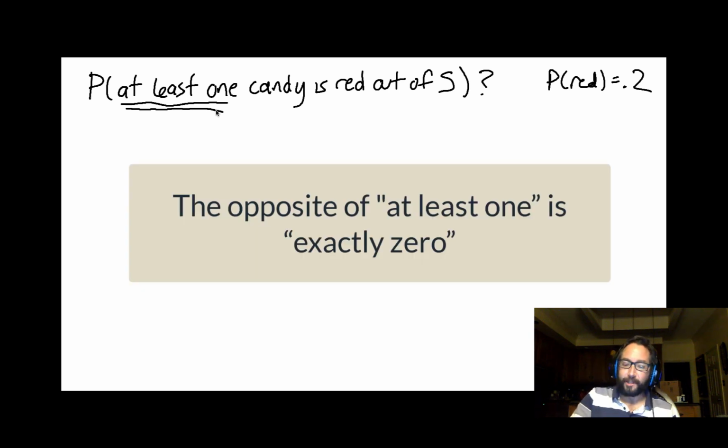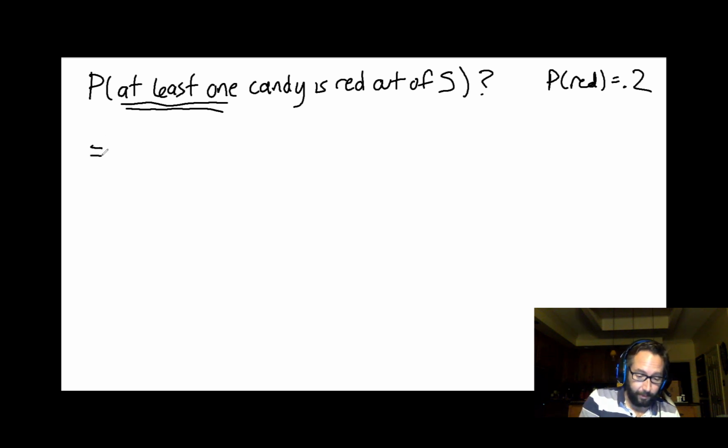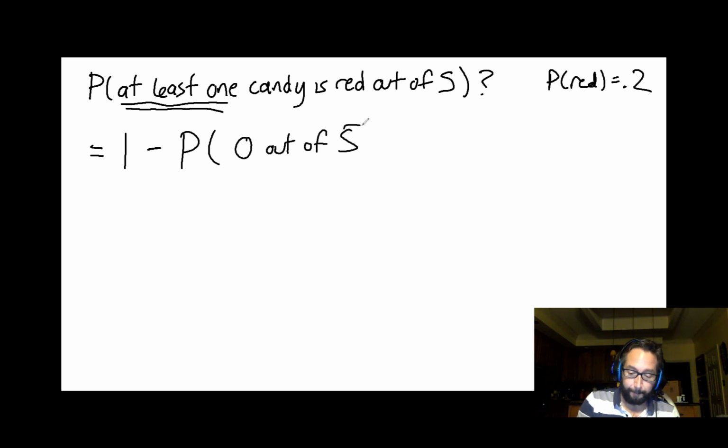Notice that the opposite of at least 1 is exactly 0. So if we can get the probability of exactly 0 red M&Ms, we can just complement it. We can do 1 minus that probability to get our answer. So I'm going to immediately say this is 1 minus the probability that 0 out of 5 M&Ms are red. And I'm almost always going to do that.